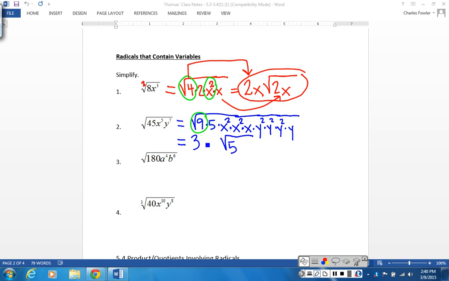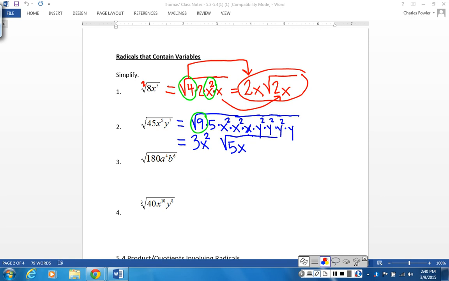Square root of x squared would be an x, but we also have another square root of x squared, which is an x. So we'll put 2 x's out here, but x times x is x squared, so we write x squared instead. This x right here stays on the inside.